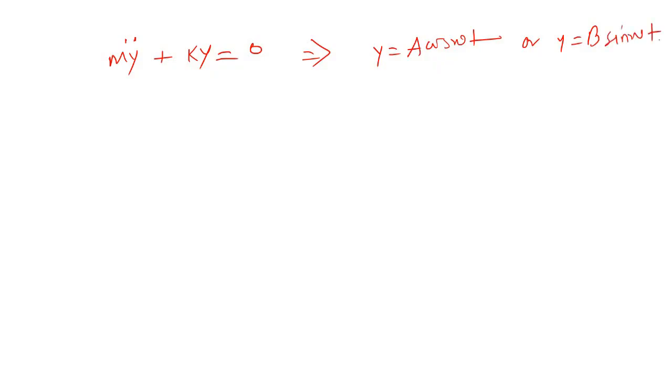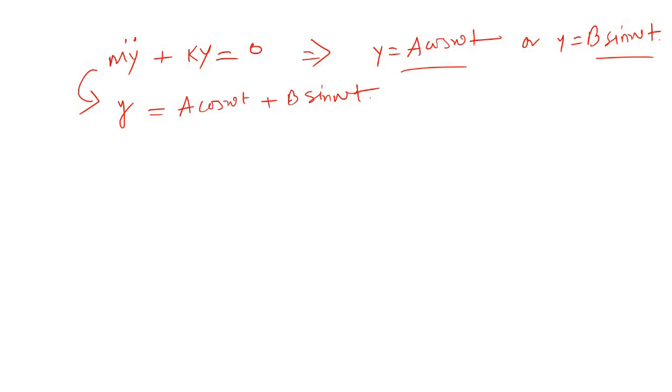Great. If you superimpose these two solutions, you should get a complete solution of this differential equation, that is y is equal to a cos omega t plus b sin omega t, right?